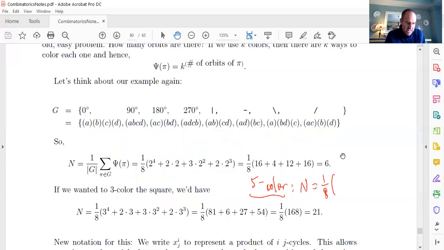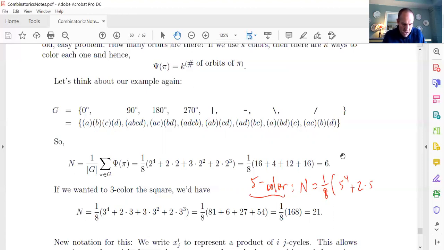Well, I would stare at the identity permutation, and that would be 5 to the 4th. Plus, how many 4 cycles do I have? That is, cycles of length 4. Well, there are 2 of those, so it's going to be 2 times 5, because I just have to choose a color, and that's the end.